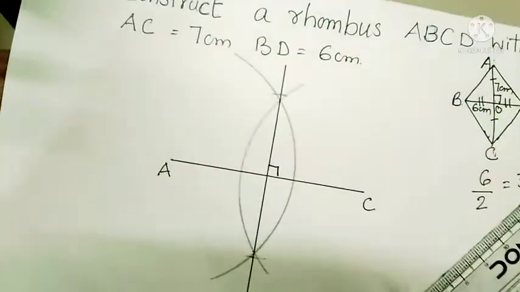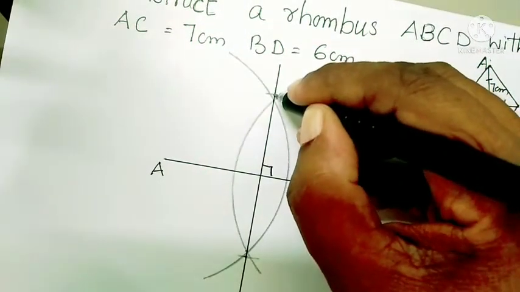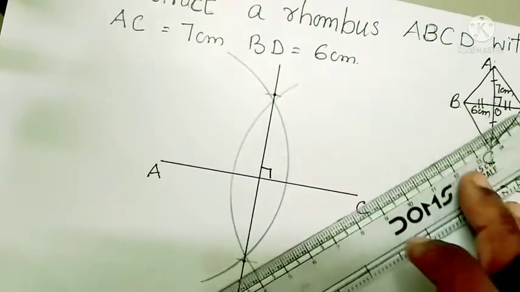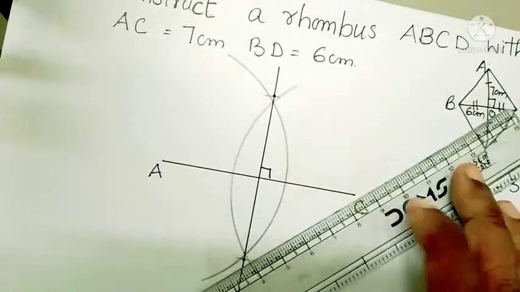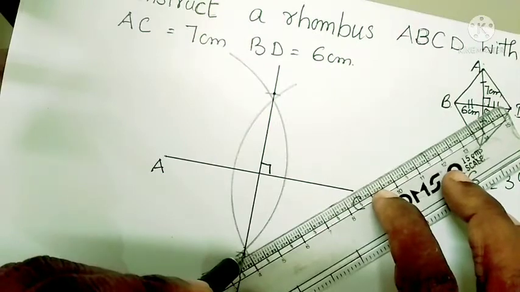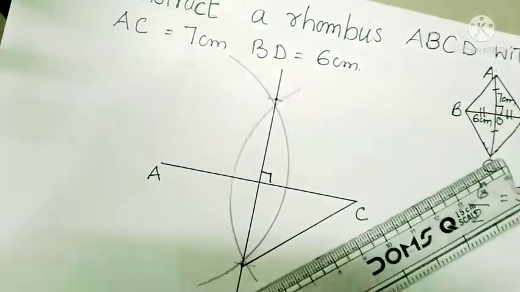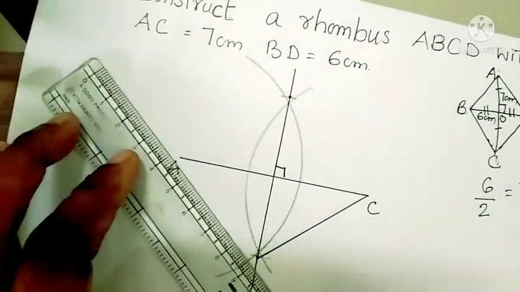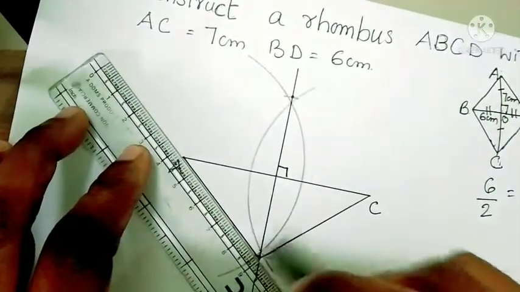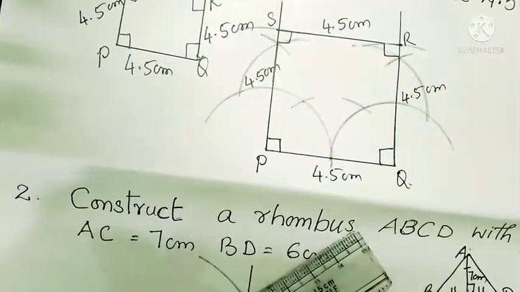So whichever point you got, here is the point, and here this is the point, and then join this point to C and then to A.